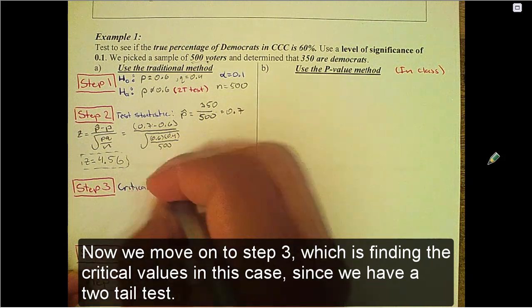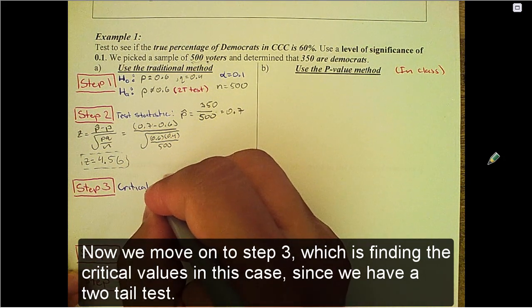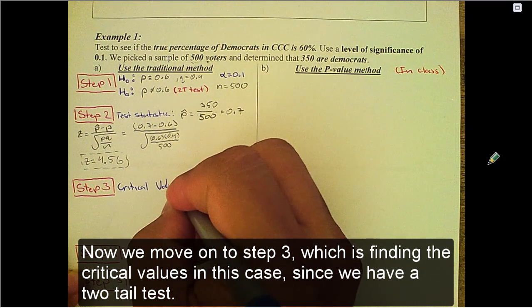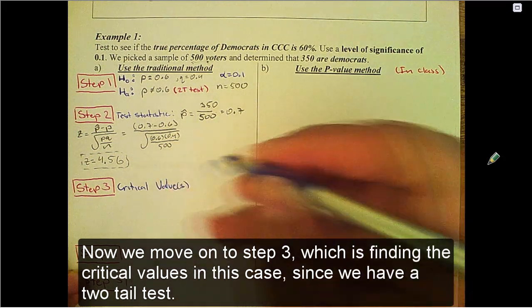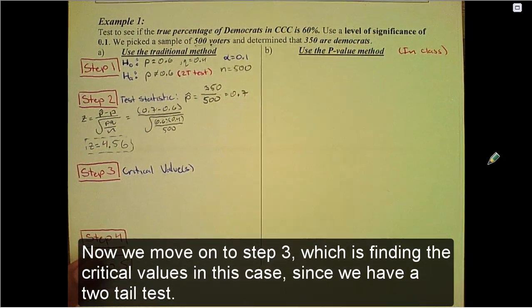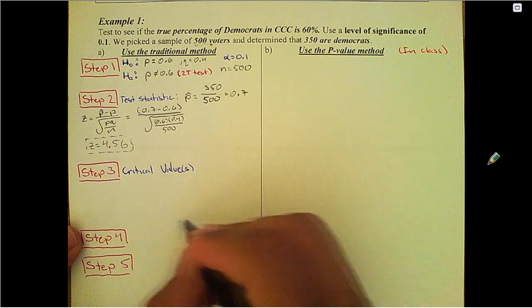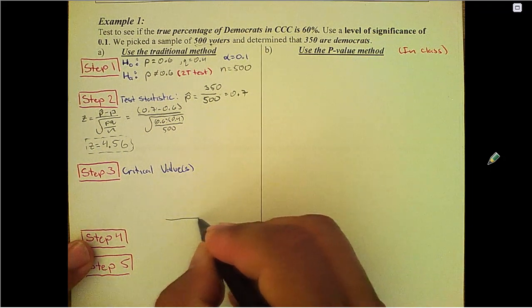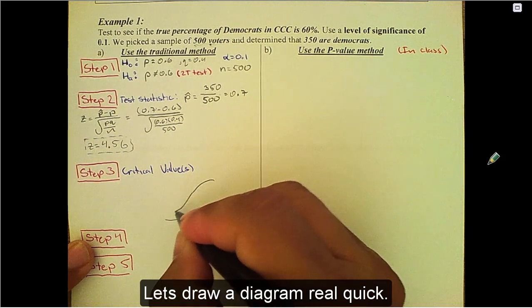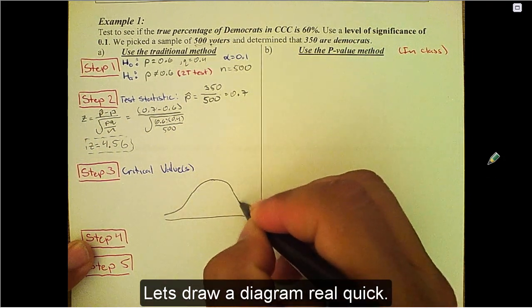Now we move on to step 3, which is finding the critical values, in this case, since we have a two-tailed test. Let's draw a diagram real quick.